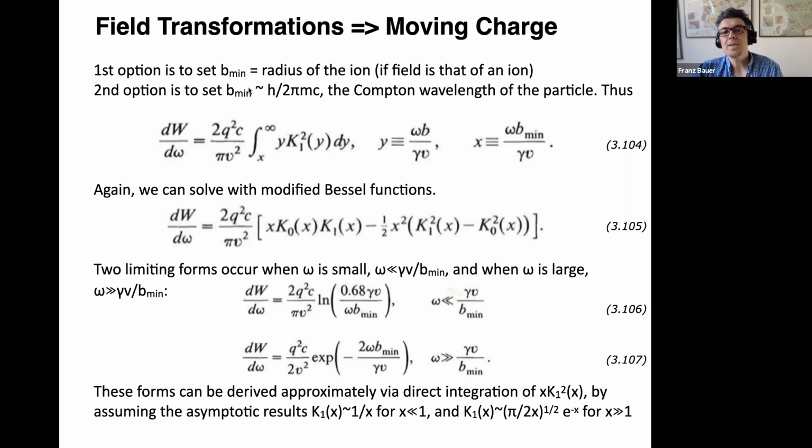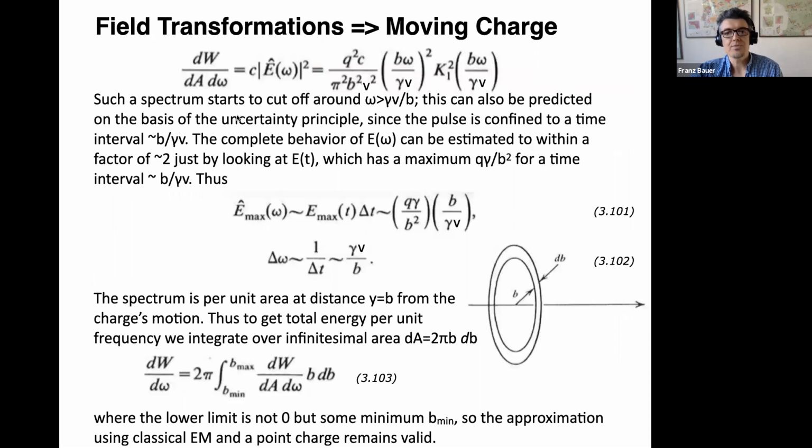The second one could be set based on the Compton wavelength of the particle. And the Compton wavelength would be of order Planck's constant divided by 2 pi mc, where m is the mass of the particle. And so in this particular sense, we plug in our value for here.